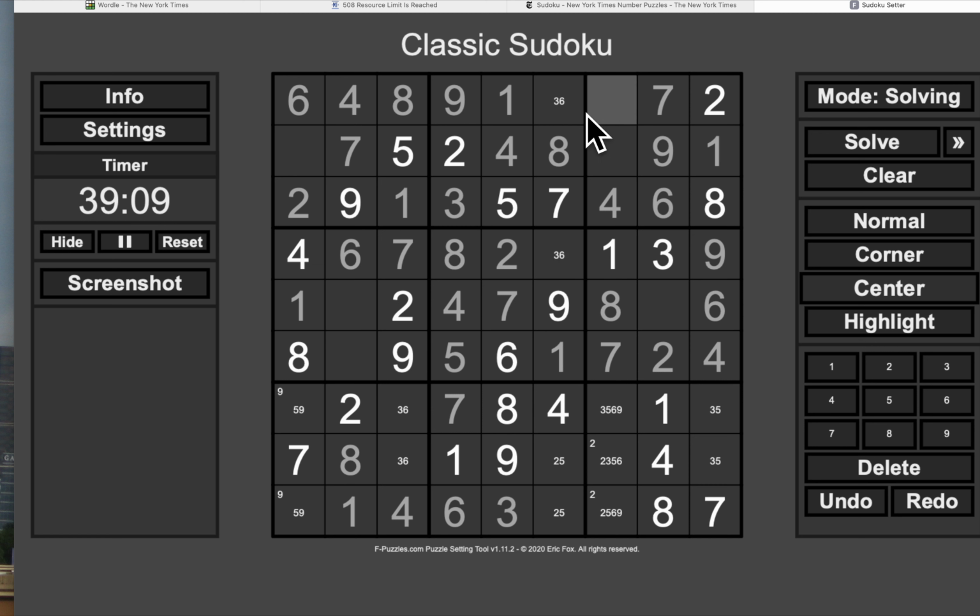Okay, in the top row, if we're assuming the rest of this is right, which may or may not be, this cannot be 3 or, no, 3 and 5.